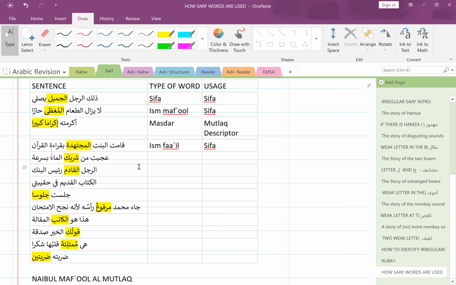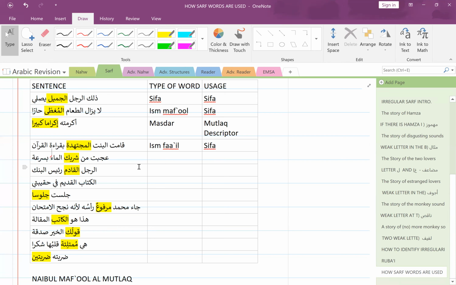But if you're translating it as acting as a verb, then you say reciting something. Because when it's doing an action, then it's taking a maf'ul bihi. So the maf'ul bihi comes after it. Reciting what? Reciting the Quran. So you see, it answers the question what in that sense. So it's up to you. Actually, you can use it both ways.